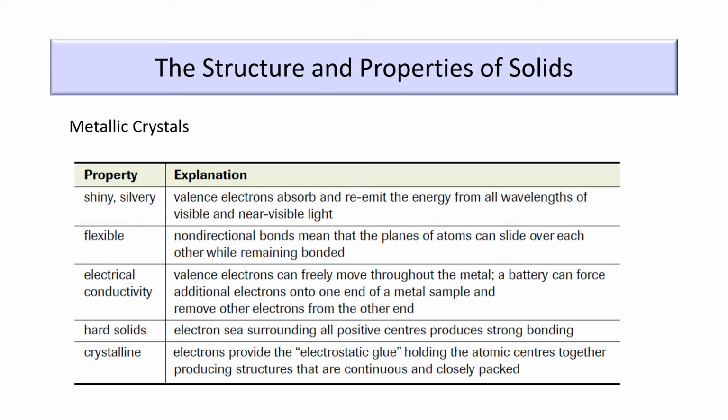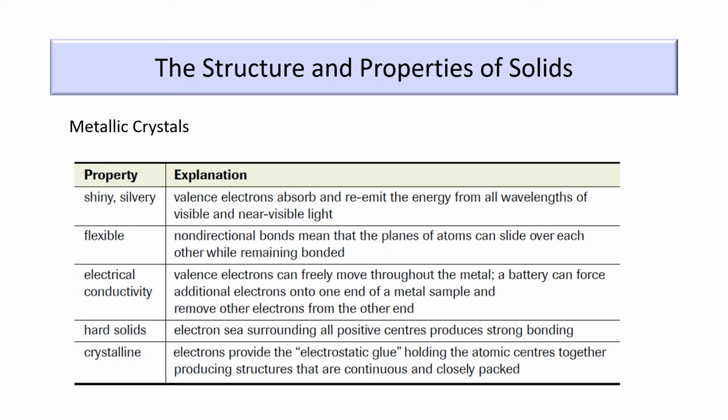Electrical conductivity: valence electrons can freely move throughout the metal. A battery can force additional electrons onto one end of a metal sample and remove electrons from the other end.